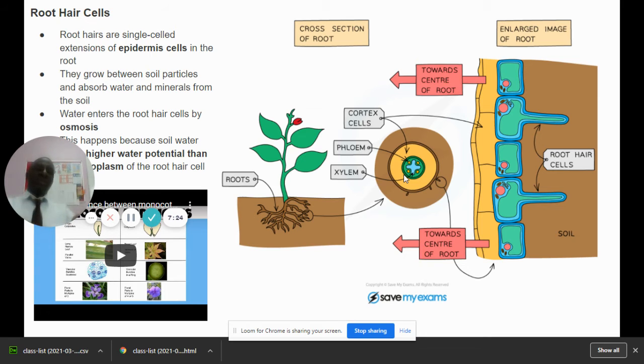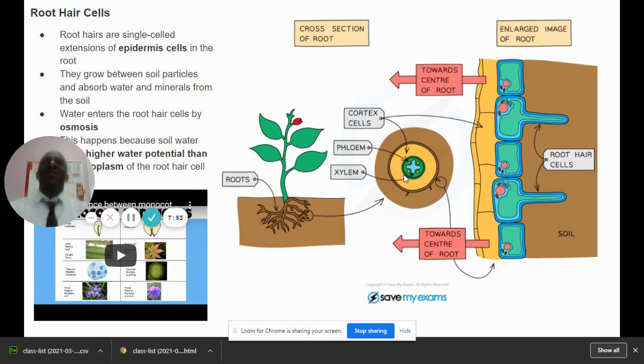Then as it pours into the xylem, because the xylem vessels are very small, we shall have a process known as capillarity, the upward movement of liquids in narrow tubes. But capillarity alone is not enough for water to move from the soil to the leaves of a tall tree. It will need another force called tension, which is created by cohesive and adhesive forces.